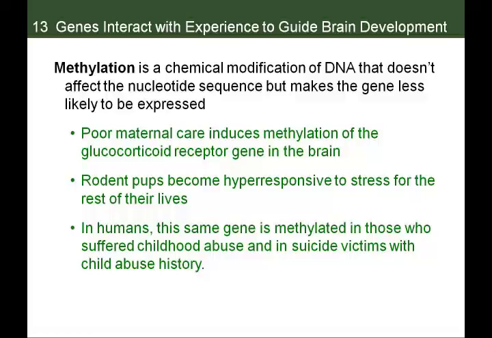Because of this poor maternal care, which led to very real changes through methylation of the DNA, the animal becomes more responsive to a stressor. So while other animals that did not have this poor maternal care find the stressor psychologically benign and not stressful, this animal, because of its background of poor maternal care and the methylation, finds the stressor very stressful.